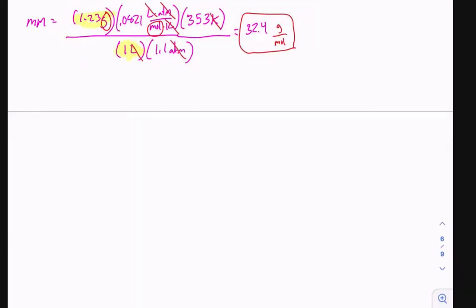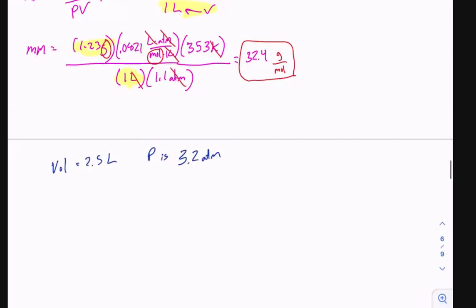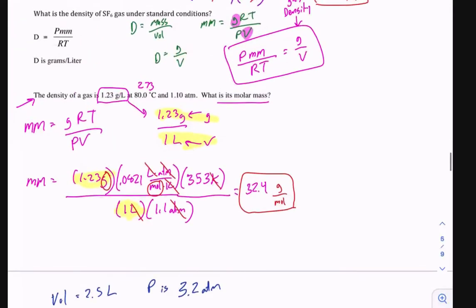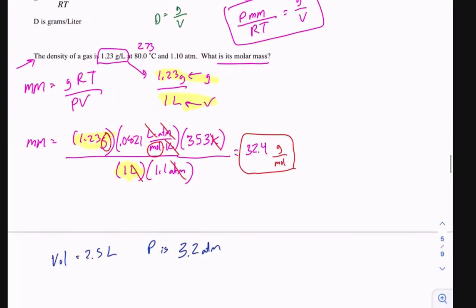We have a tank with a volume of 2.5 liters. All right, the pressure is 3.2 atmospheres. Let's see. And the temperature, 25 degrees Celsius. So we'll go with room temperature.